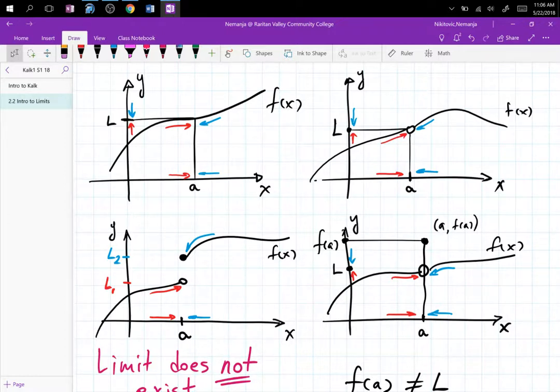The red one produces the L1 and the blue one produces L2. So they don't meet at the common point, so the limit doesn't exist in this case. And then finally, the last graph, the bottom right, is the one where the point is dislocated. Right? So one point is moved out of the place.